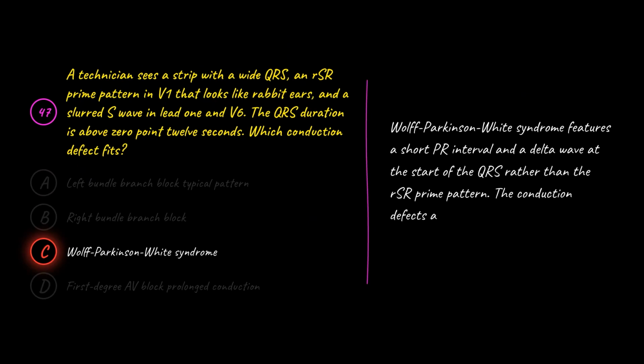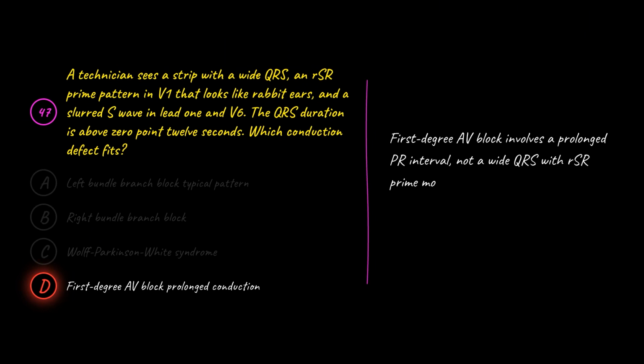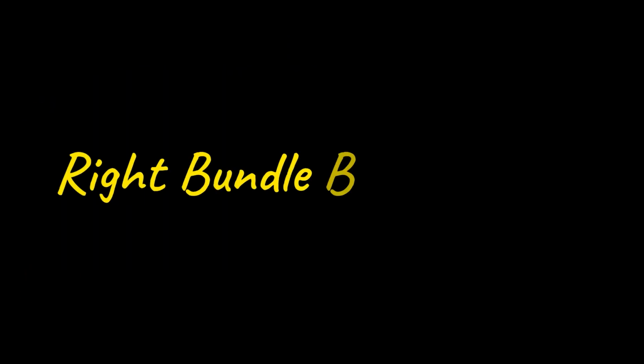The conduction defects are anatomically and electrically different. D is wrong because first degree AV block involves a prolonged PR interval, not a wide QRS with RSR prime morphology. The PR and QRS measurements describe different parts of the cardiac cycle.